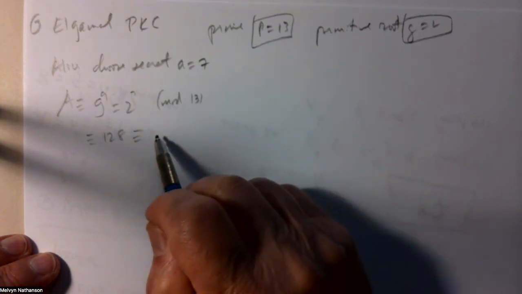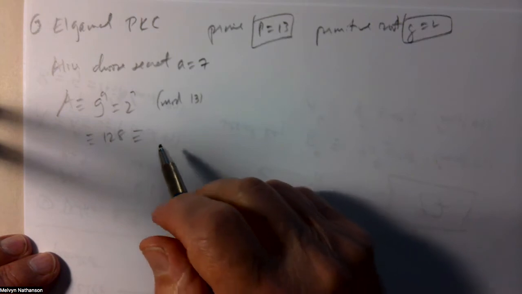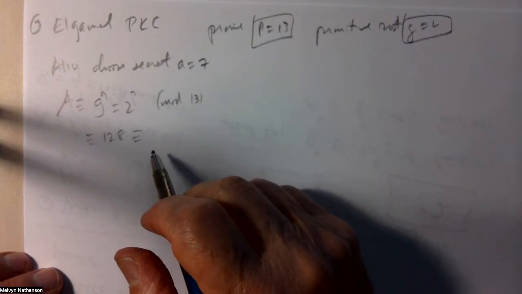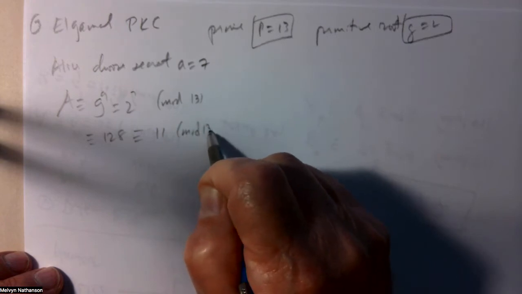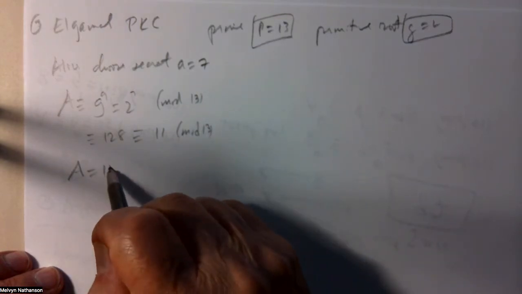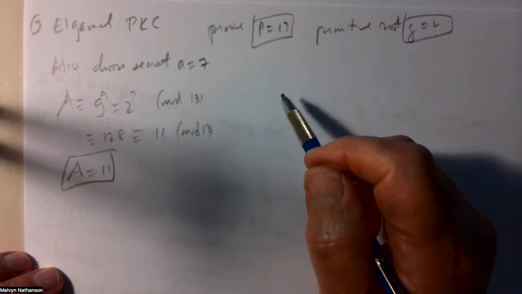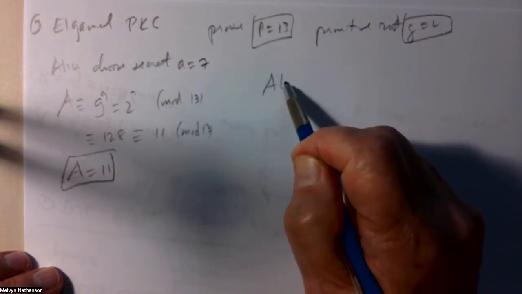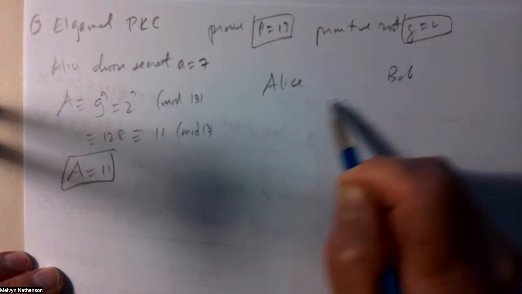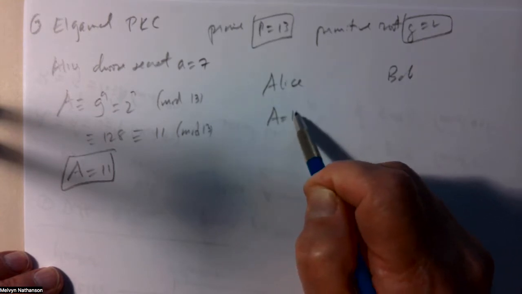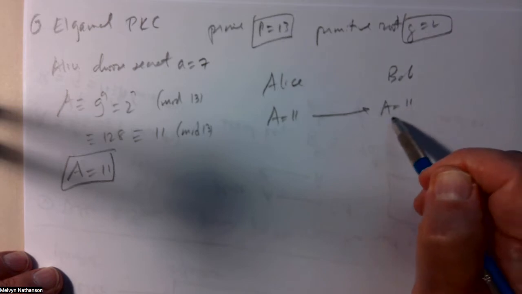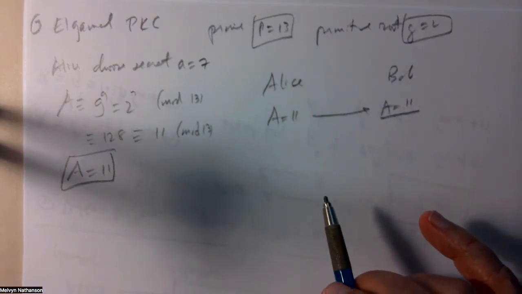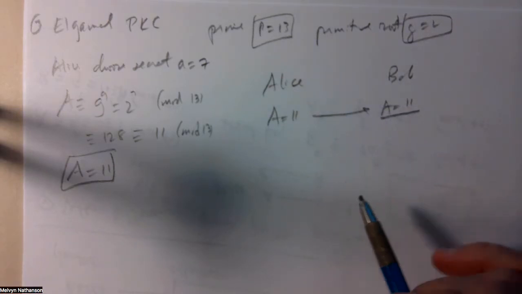And mod 13, you divide 128 by 13, you get a remainder of 11. So A is equal to 11. And Alice sends this number A equal to 11 to Bob.